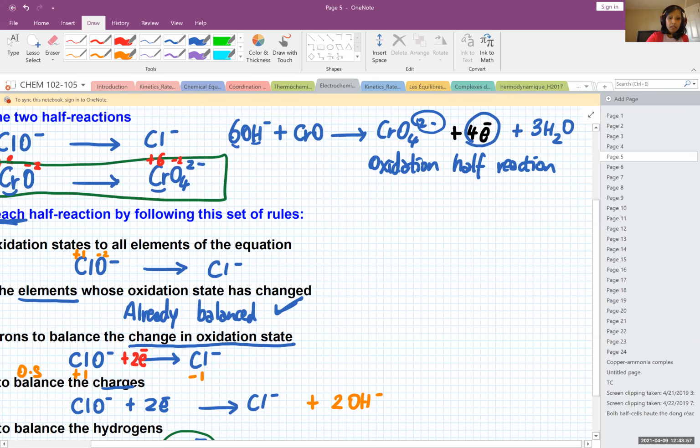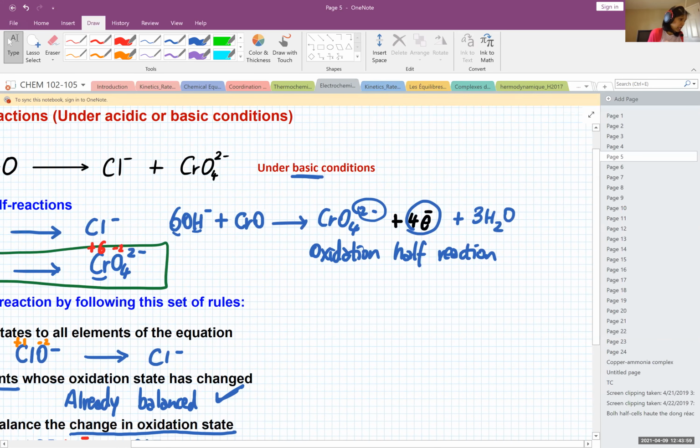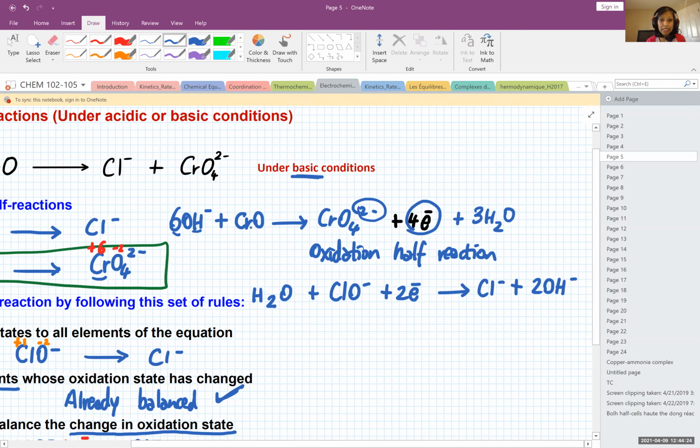I'm just going to rewrite my reduction half equation here. First is oxidation, second one is reduction. I want to add them so I can cancel the electrons and build my overall balanced equation.